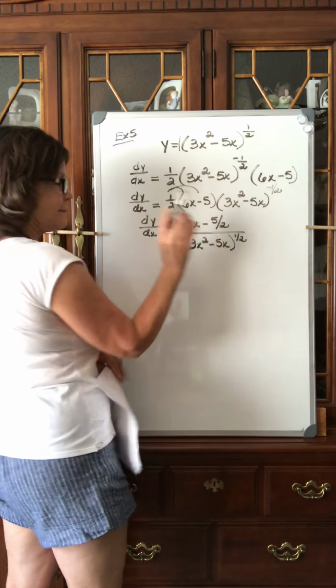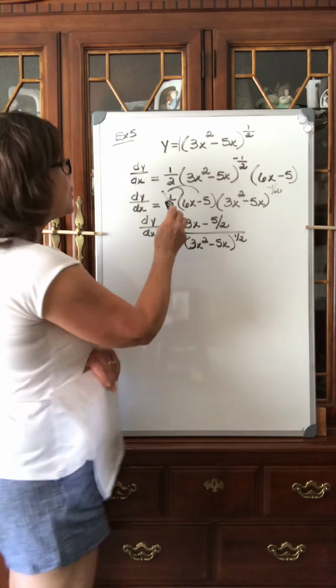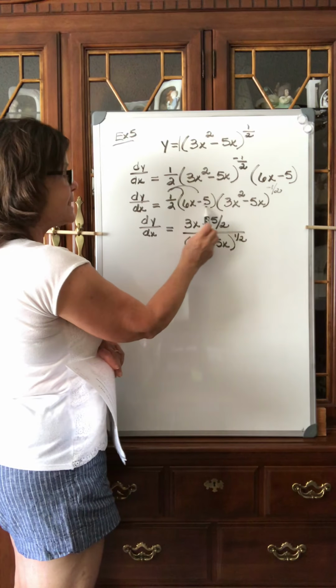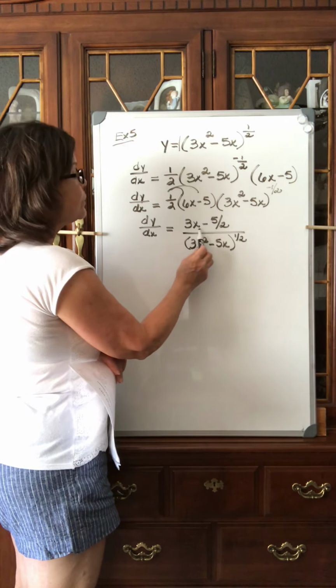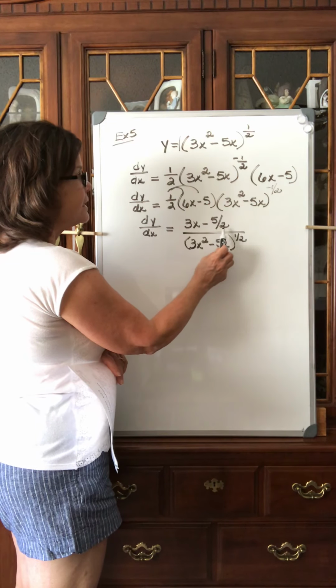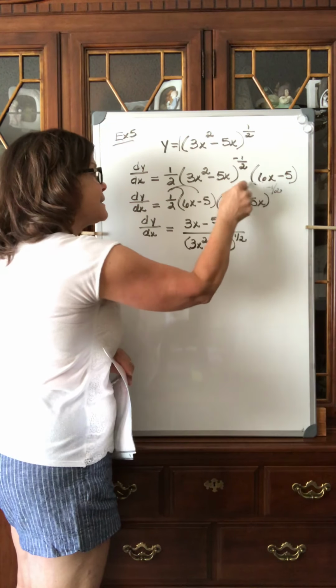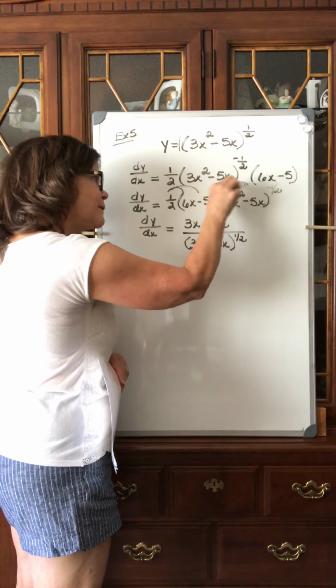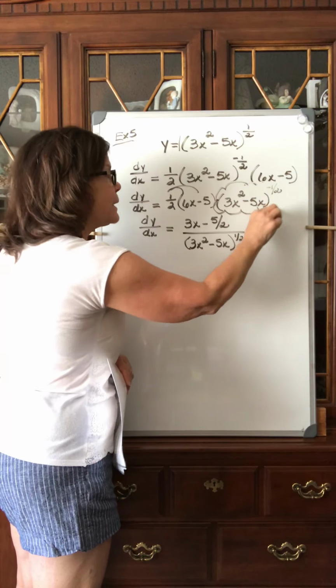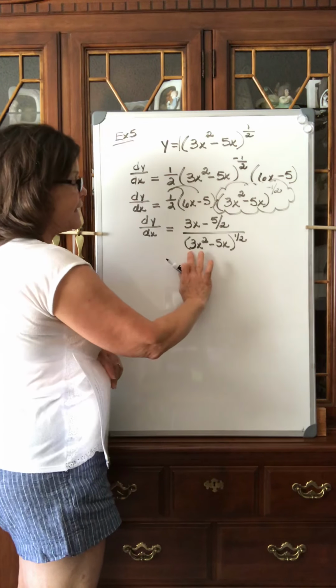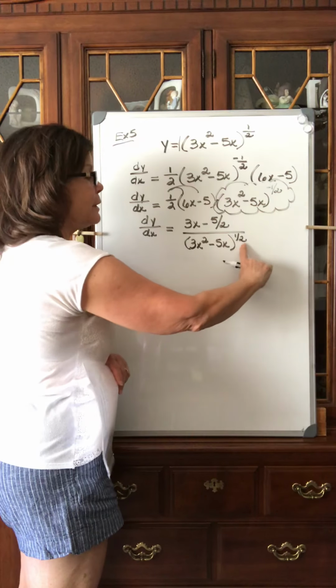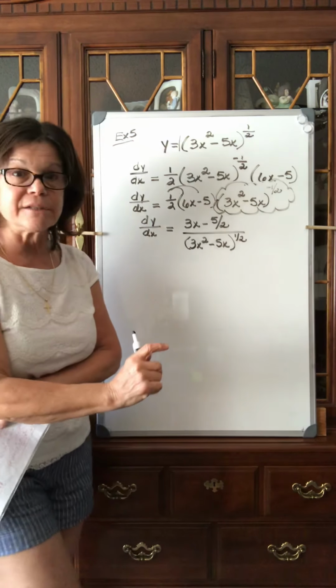So, let me make sure you understand this step. I took the 1/2, I distributed it to the 6x minus 5, so I get 3x minus 5/2. Because this piece of it is getting raised to a negative exponent, that part goes in the denominator, and the exponent becomes positive.